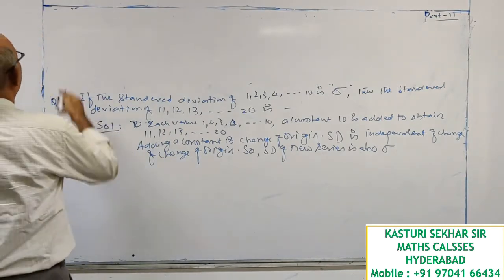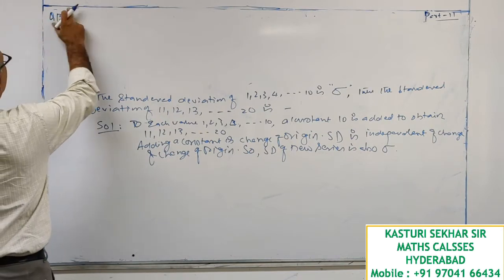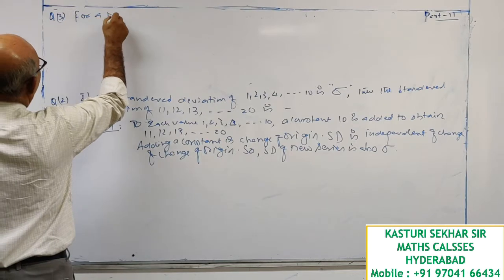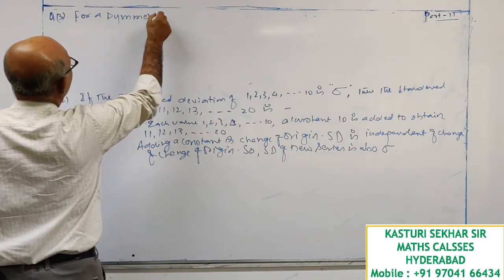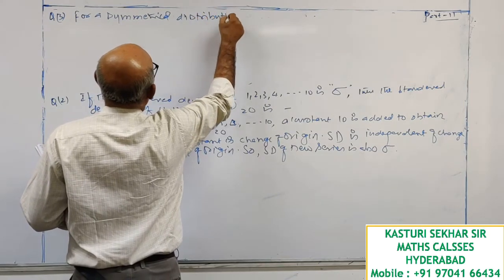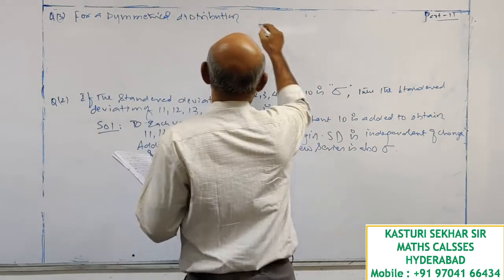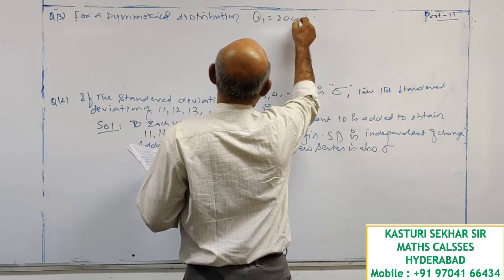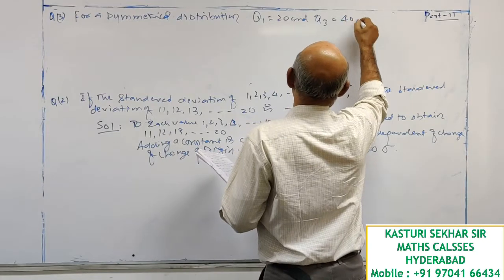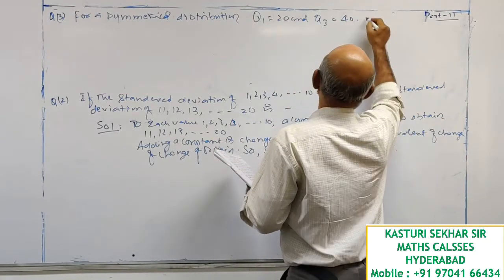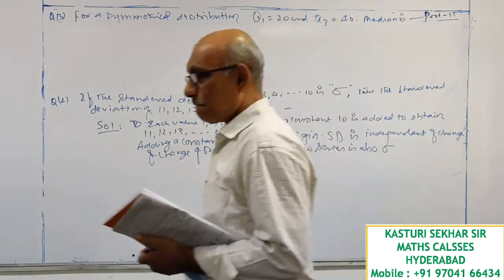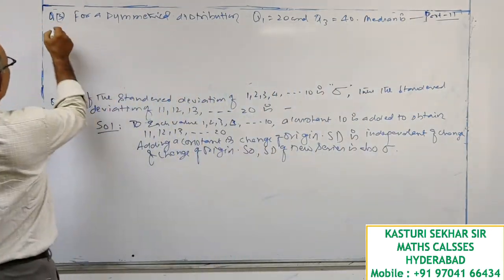Now look at the question number 3. For a symmetrical distribution, Q1 is equal to 20 and Q3 is equal to 40. Median is? Simple question, sir.